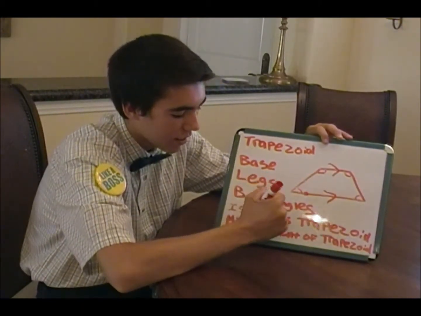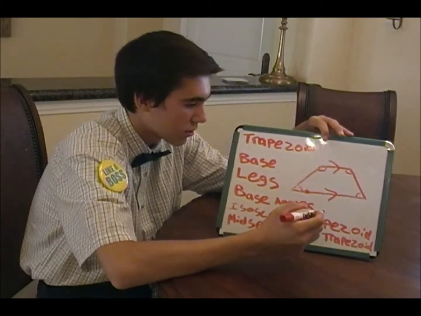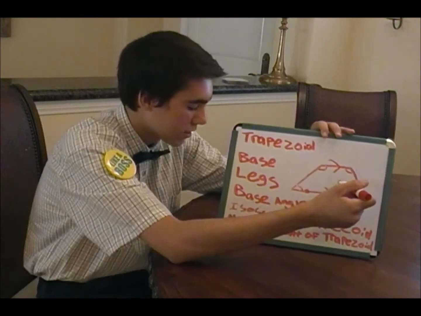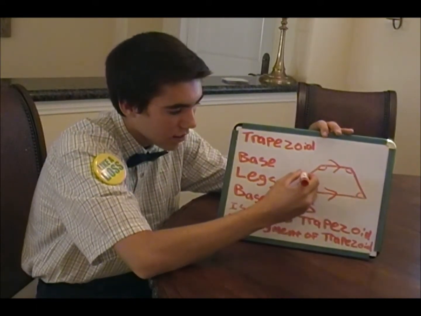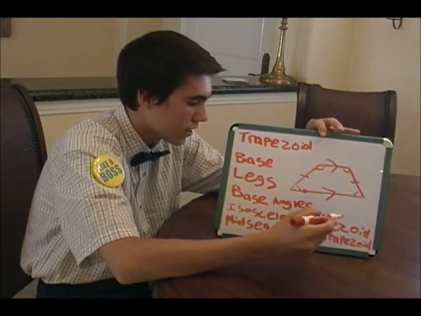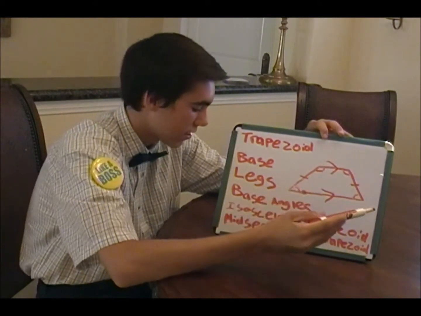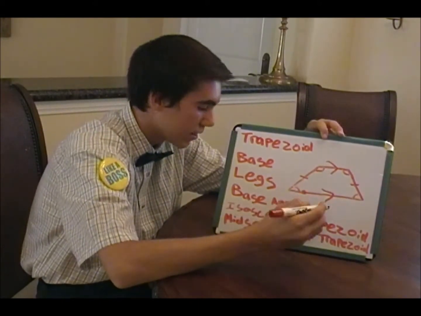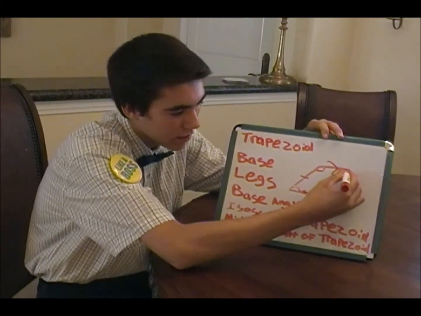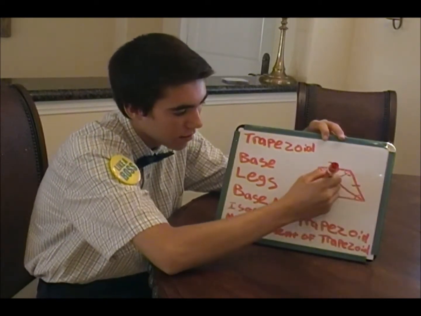And then isosceles trapezoid. An isosceles trapezoid is basically what this picture is here. Its legs are congruent, and its bases are parallel, and its legs are not parallel. And when you make the bisectors, they are congruent.